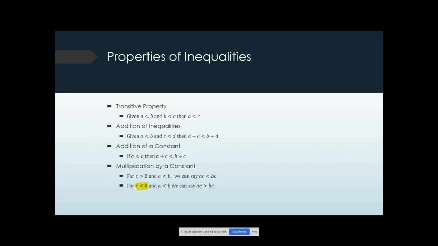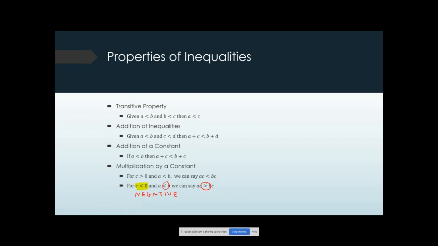But if you are multiplying or dividing by a negative number, then the inequality reverses direction. So if it was less than, it becomes greater than. So it reverses direction if you are multiplying by negative. So that is the one thing to pay attention to, because a lot of people forget that step.